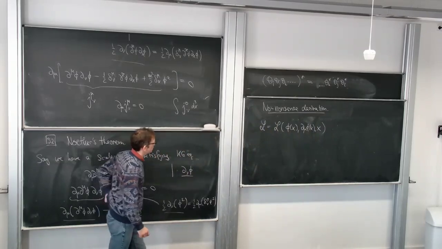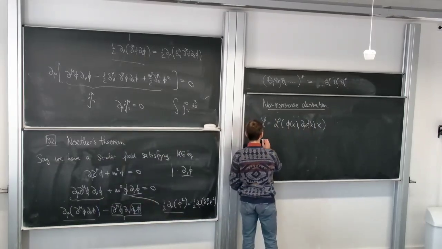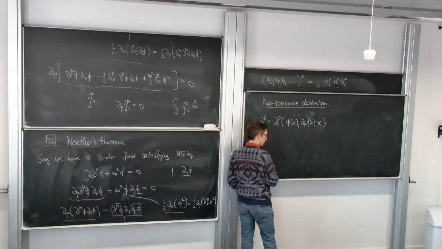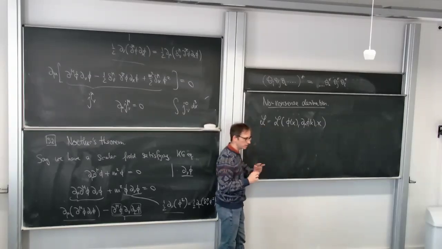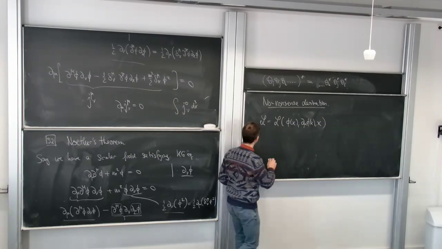And now, say we have a transformation, like a variation or so. I'm going to use the notation from last week, the variation, but it's not the arbitrary variation that has to vanish at some terms, but whatever you want.